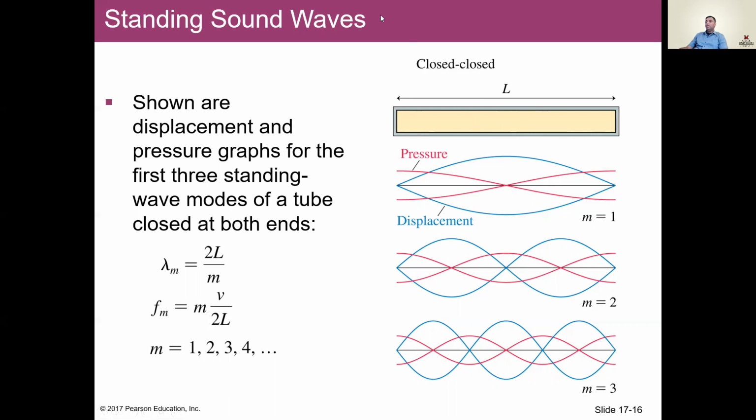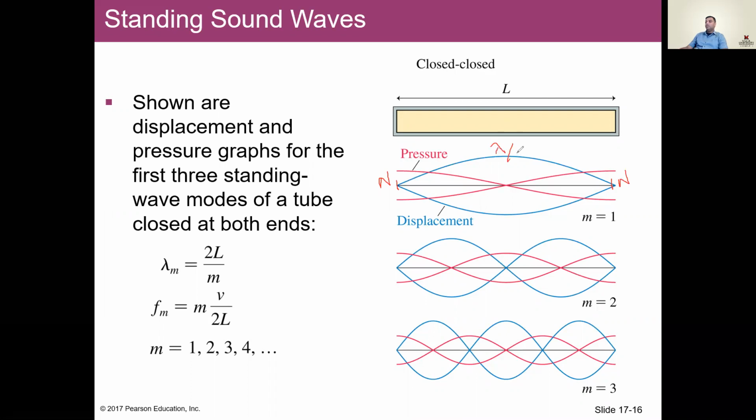Now, if I have to understand where we are getting all these expressions, it's easy to find out. If you have a node here and another node here, we know that two nodes are separated by a distance of lambda over 2. That was the definition of nodes.